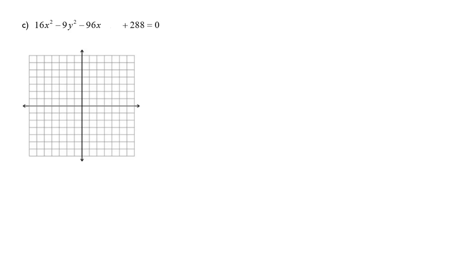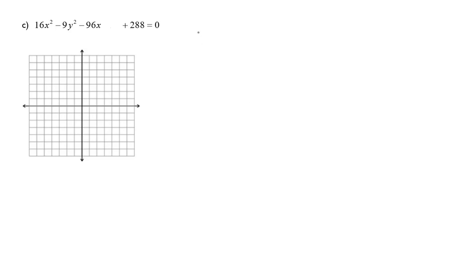In this last example, we have 16x² - 9y² - 96x + 288 = 0. We're going to have a really quick refresher on completing the square here so we can get it in the form of, I'm going to say it's probably a hyperbola because we have a lot of negative signs.